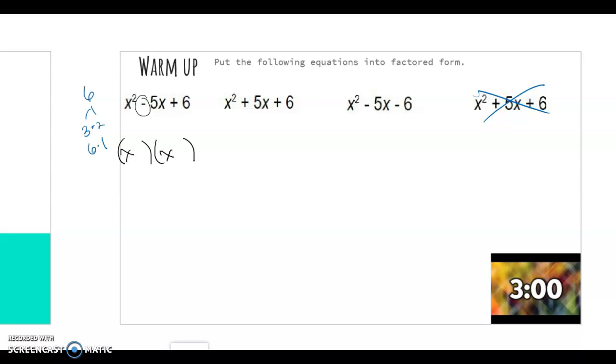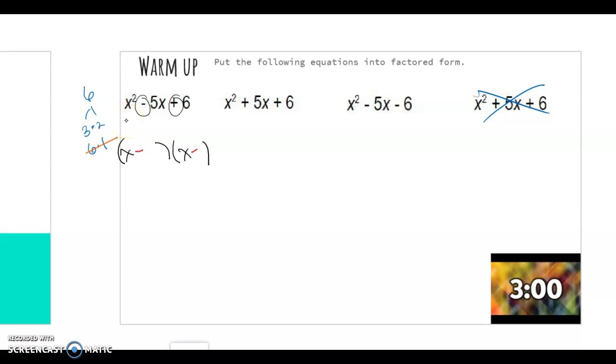I need to get a -5 and a +6, meaning both of my numbers need to be negative. So we have 3 and 2 and 6 and 1. If they're both negative, -6 plus a -1 is actually going to give me a -7. So I know it can't be that one.